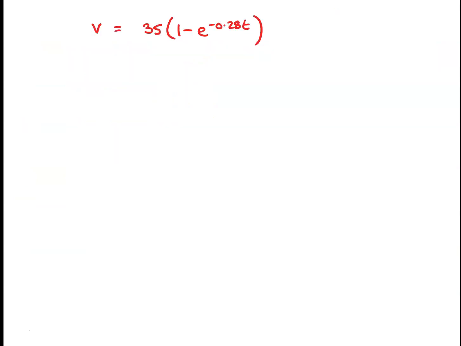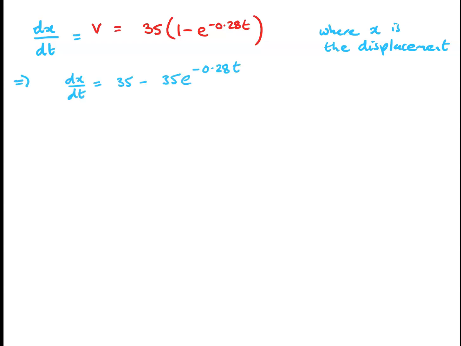So we've got v is 35 times 1 minus e to the minus 0.28t, but of course v is simply dx by dt, where x is the displacement. And I can now obtain an expression for x by simply integrating this expression. So we've got dx by dt is 35 minus 35e to the minus 0.28t.